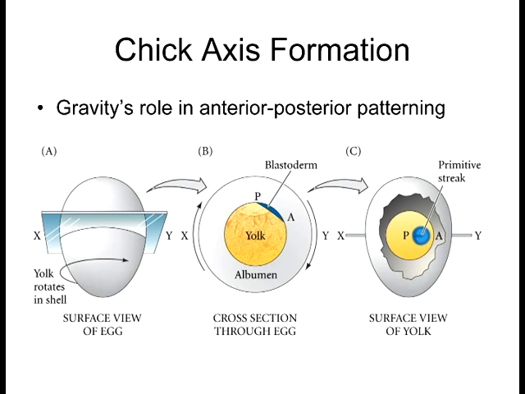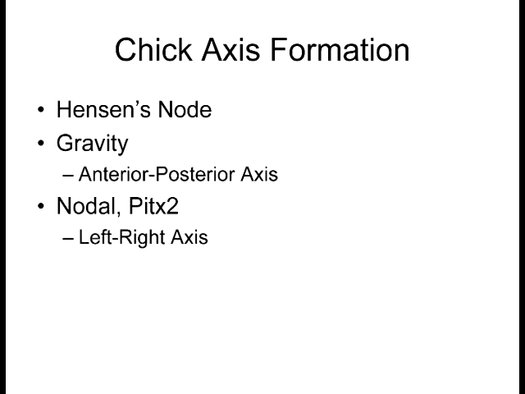And so that's how veg-T gets pushed to this area, and that's what creates the most posterior region where the organizer is eventually going to form from this nucleus center. So gravity plays a role in the anterior-posterior axis of the chicken. So the actual laying of the egg is part of the anterior-posterior patterning of that.